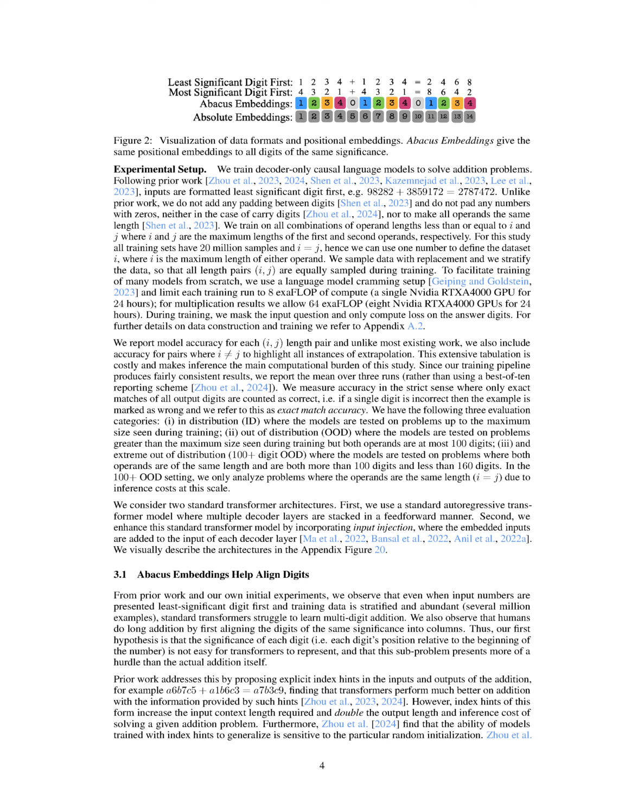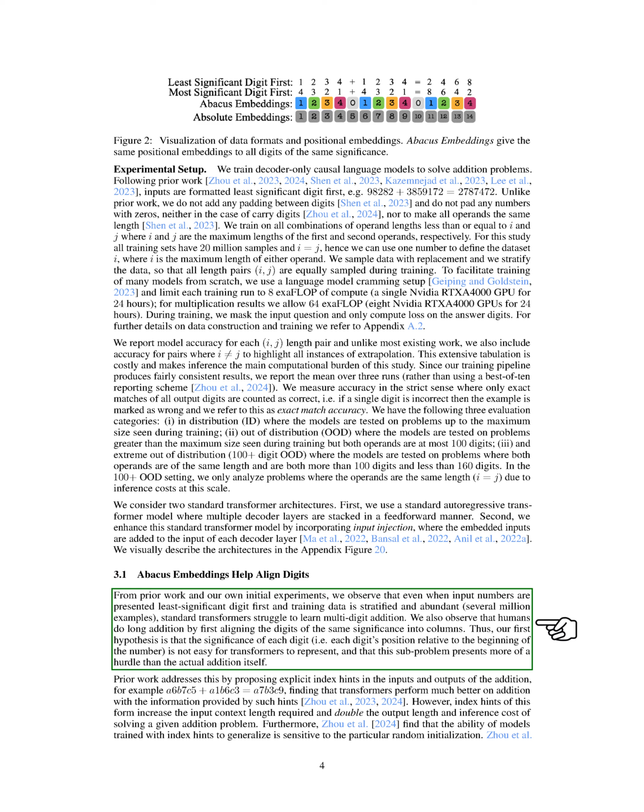Our experimental setup involves training on all combinations of operand lengths, using a language model cramming setup, and reporting accuracy for different length pairs, including extrapolation instances, across in distribution, out of distribution, and extreme out of distribution evaluation categories. Section: Abacus embeddings help align digits.